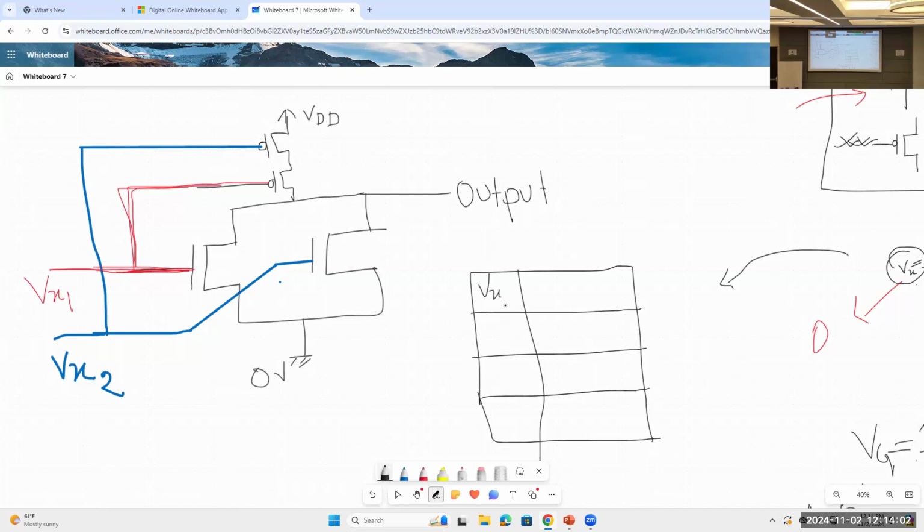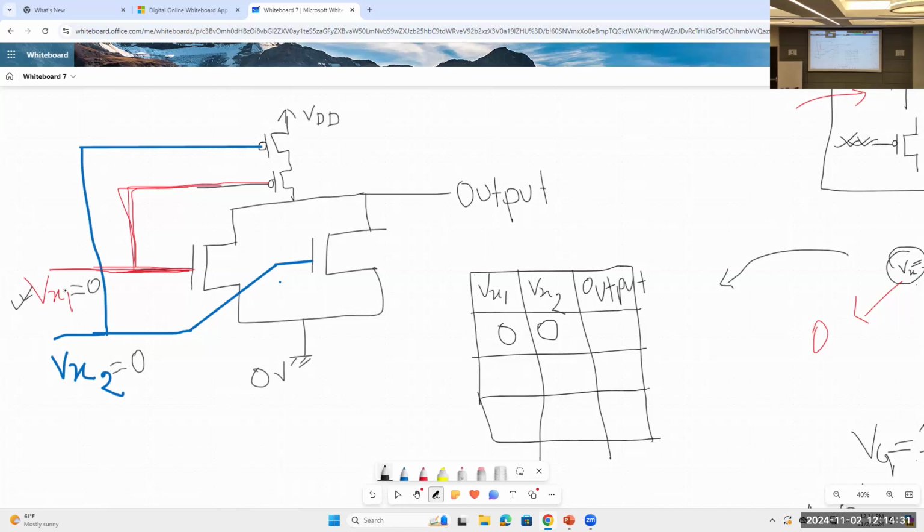The first input is VX1, the second input is VX2, and we will measure the output. Suppose we start with 0 0. I mean both inputs are 0. So let's put 0 here and 0 here. Let's treat VX1 first.